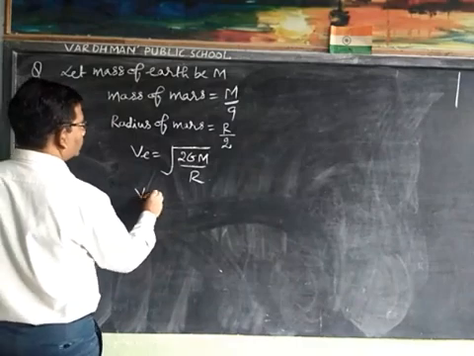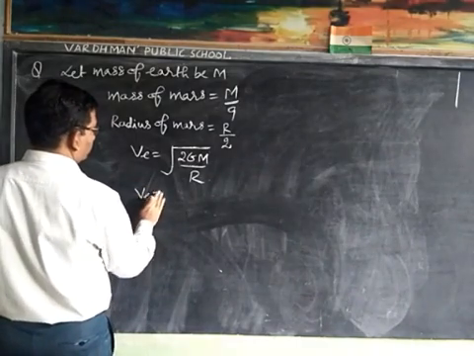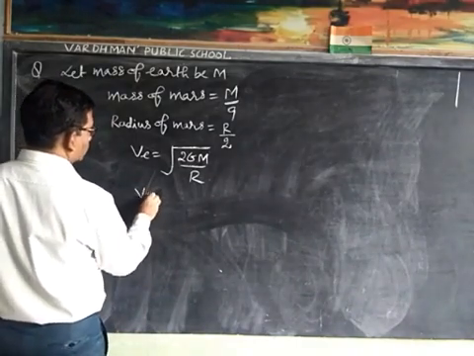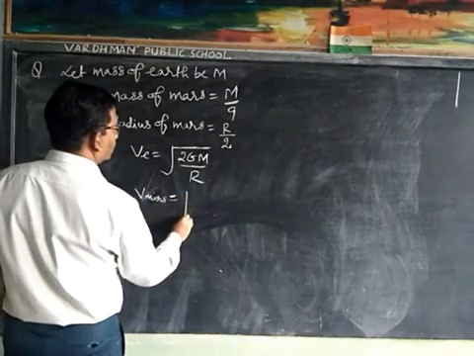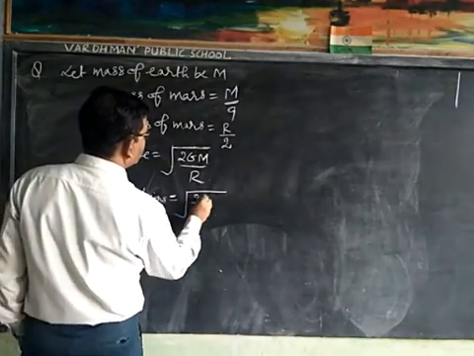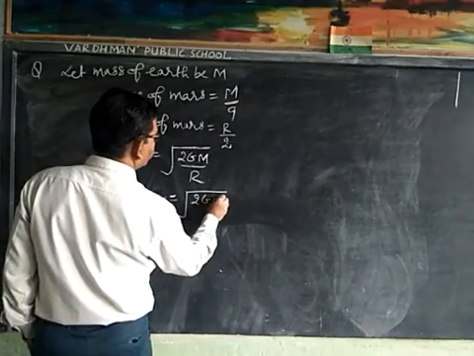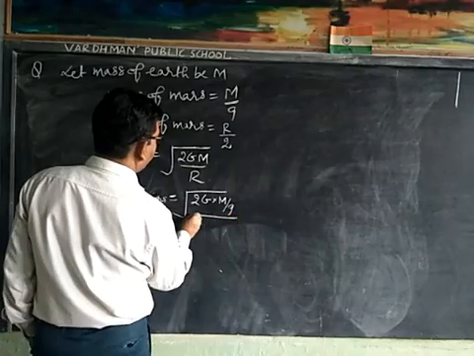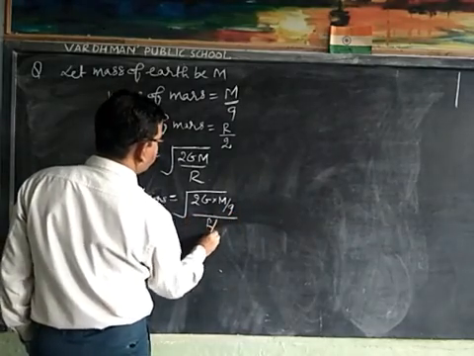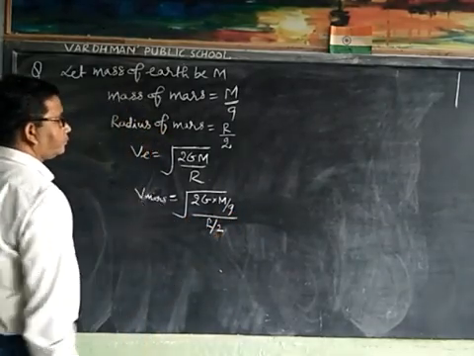Then V Mars is equal to under root 2G M by 9 upon R by 2.